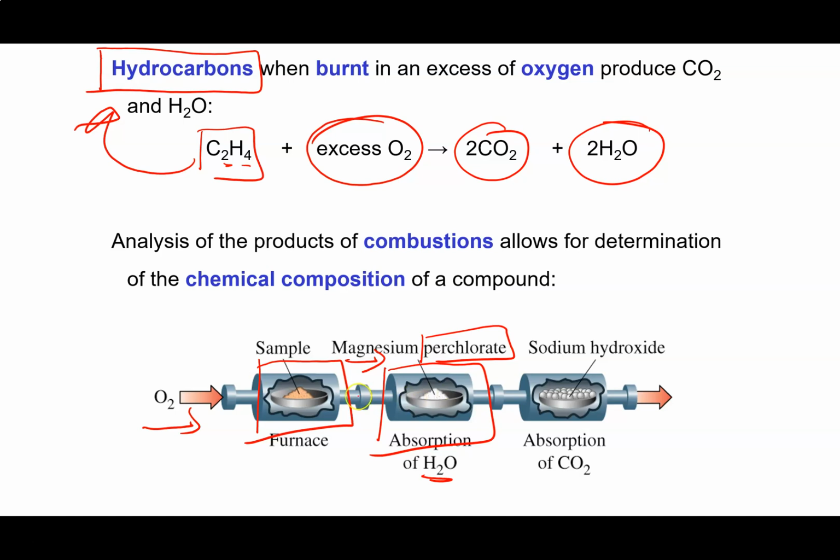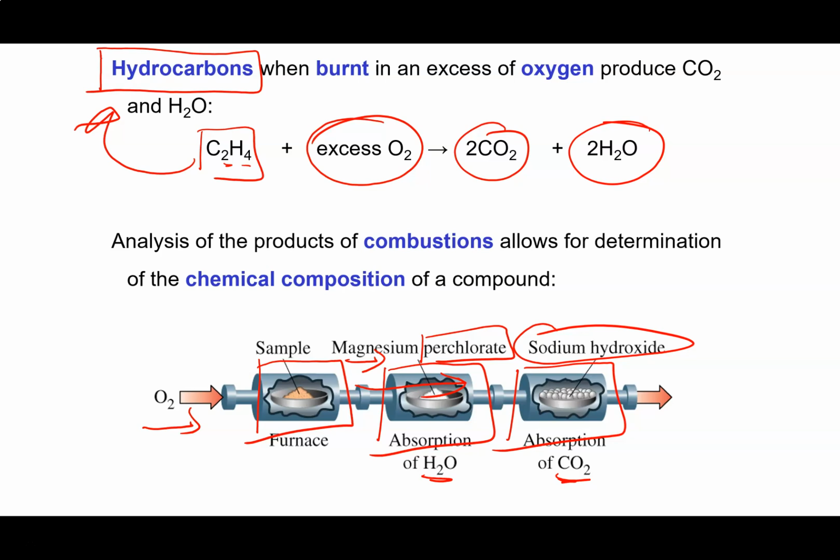So after the water's been absorbed, we'll blast the gases on into another chamber, and in that chamber we have a similar setup of a dish sitting on a balance, but in this dish is a substance such as sodium hydroxide that absorbs carbon dioxide. And as the carbon dioxide is absorbed, we'll be able to determine the grams of carbon dioxide that were produced in our reaction.